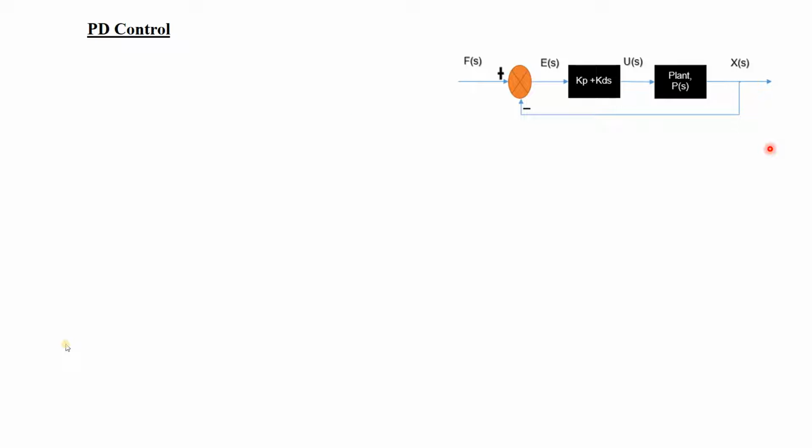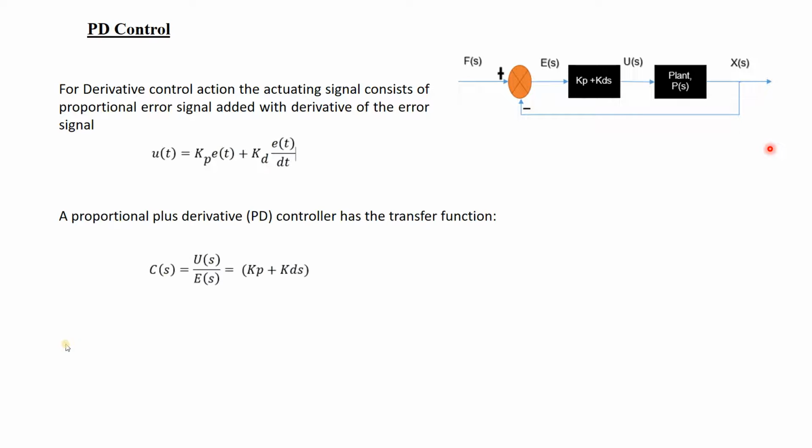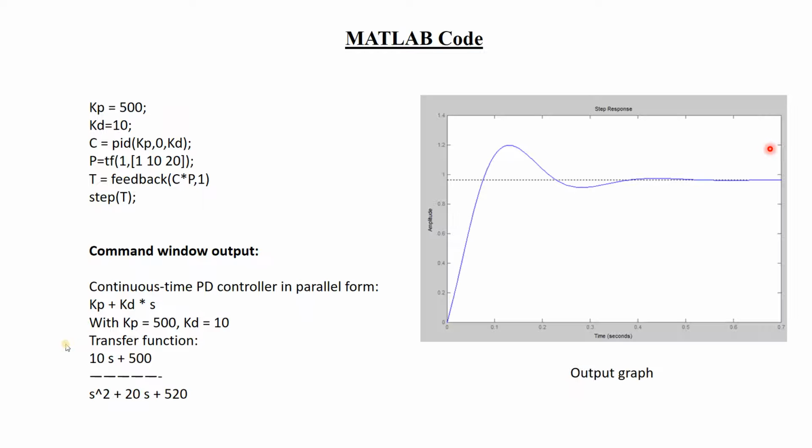Now the PD controller was used. With the help of the PD controller, which is the proportional plus derivative controller, we were able to minimize the overshoot, so the settling time was reduced. But what was the problem? The steady state error was not 0; we were having some error.